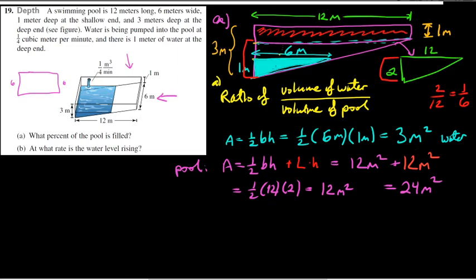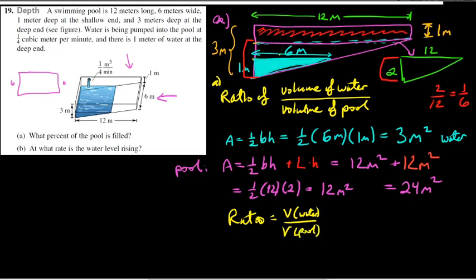Now, remember I said we want the volume of water, not the area. It doesn't matter. You can use the areas as well. So how would we get the volume? So going back to the first part here, the volume of water divided by the volume of the pool.